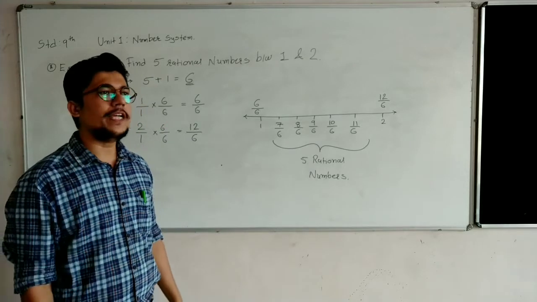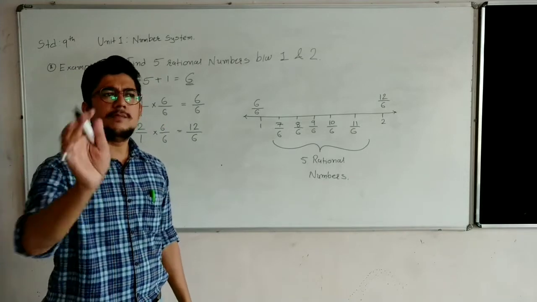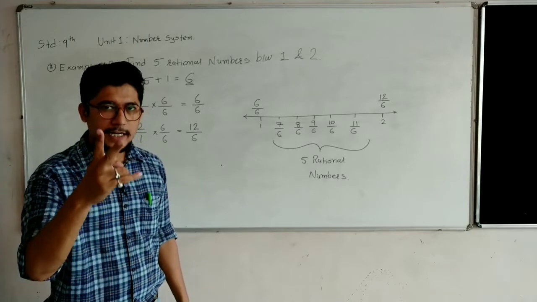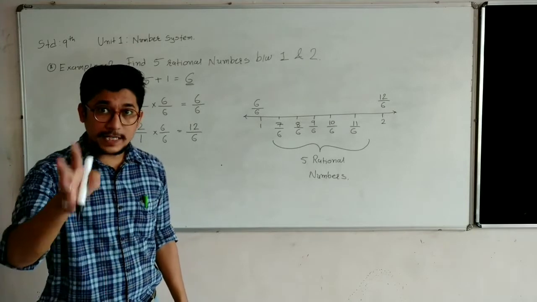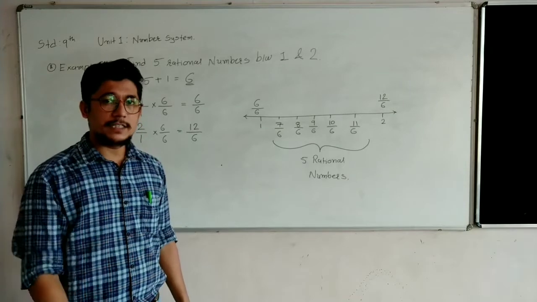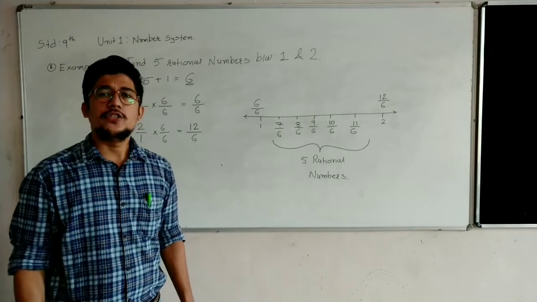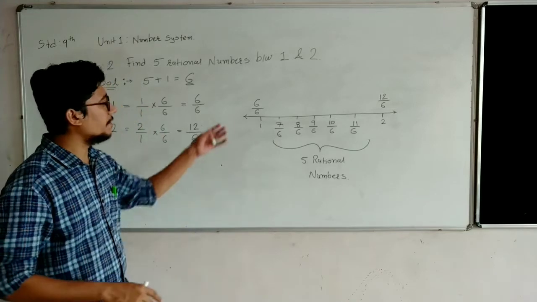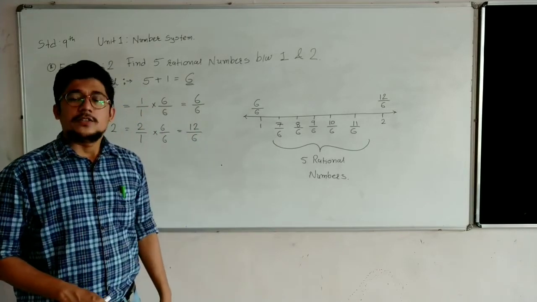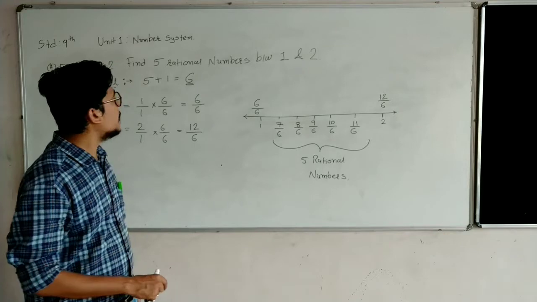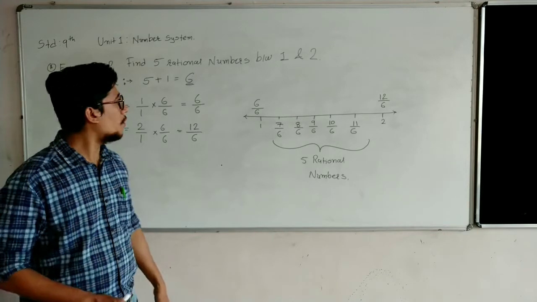This is how we can obtain numerous rational numbers between any two positive integers, or between two negative integers. But between two negative integers is not in your syllabus, so we will only focus on positive integers.